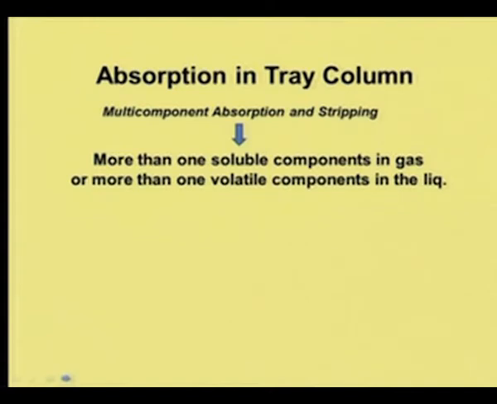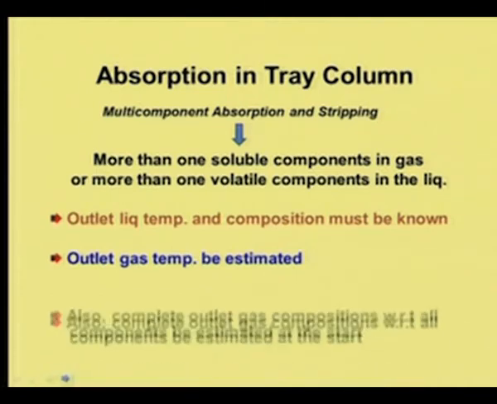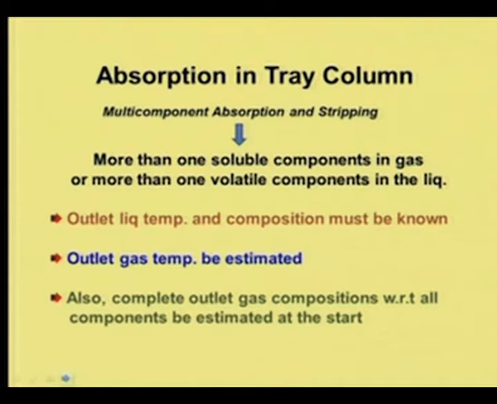In this case, for design, the outlet liquid temperature as well as compositions must be known. Outlet gas temperature should be estimated, and complete outlet gas compositions with respect to all components should be estimated at the beginning.